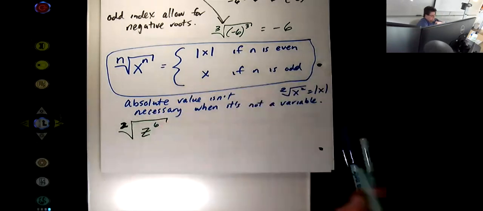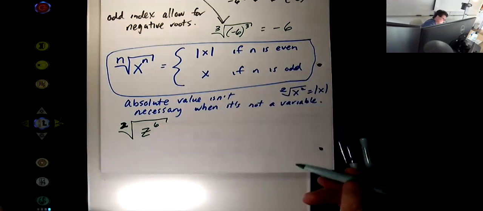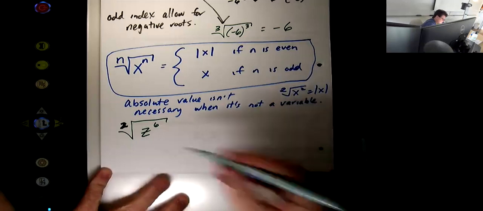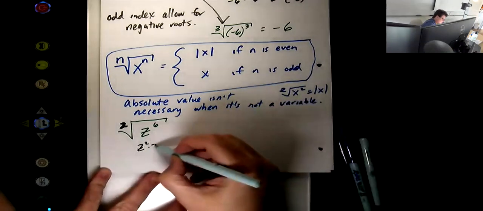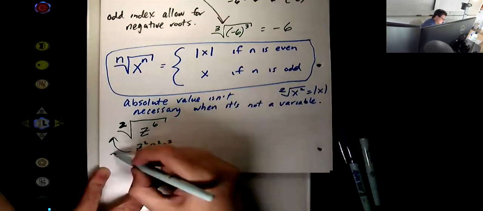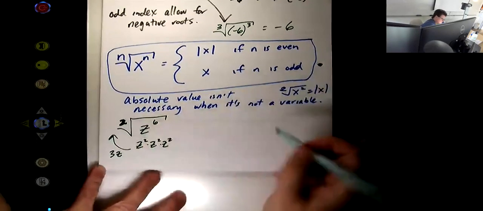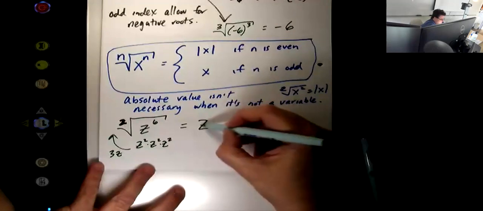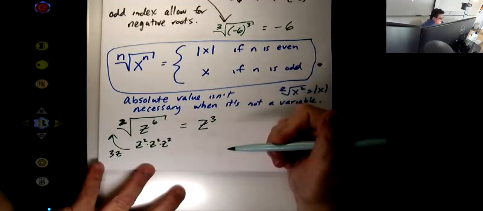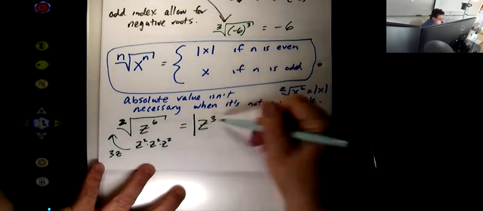Just got done saying that absolute value, I need to have an even root. Do the square root. This is z squared times z squared times z squared. There's three z's that can come out. So I have z cubed. And since I don't know what sign it is, I have to put absolute value.